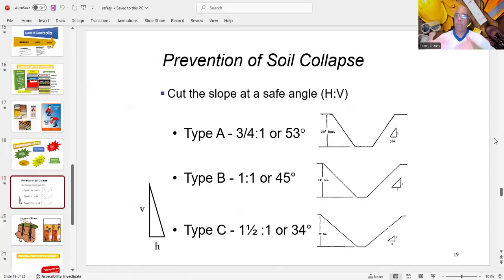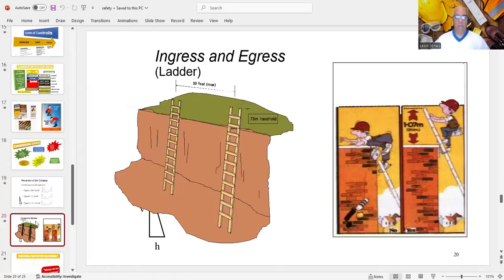And while you're in the trench, you need a ladder every 25 feet. And again, I have it right here. Ingress and egress, ladder. Now, I say 25 feet. Some say 50. 50 feet is the max. Your minimum is 25.